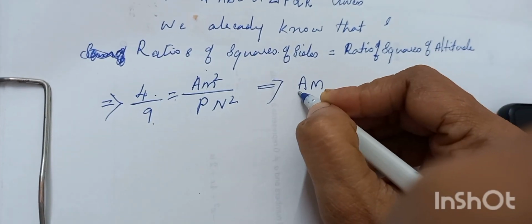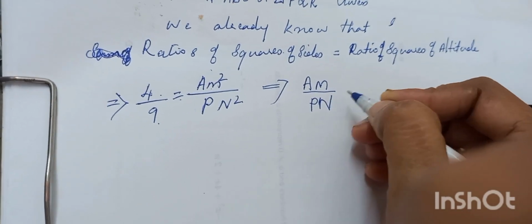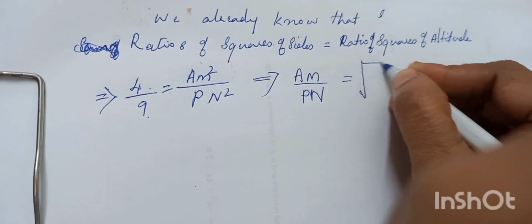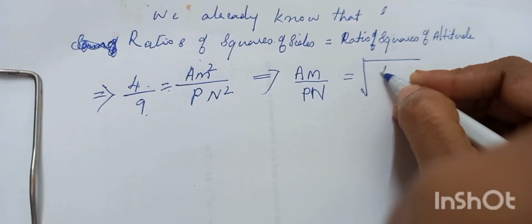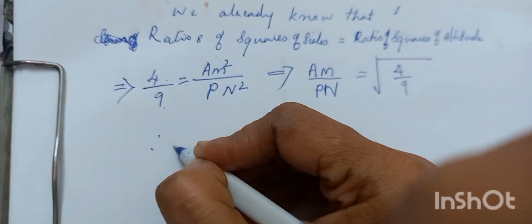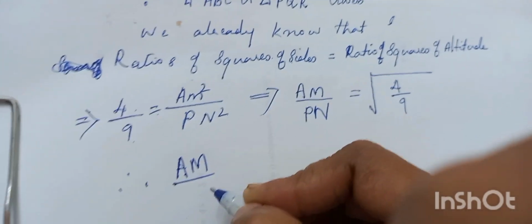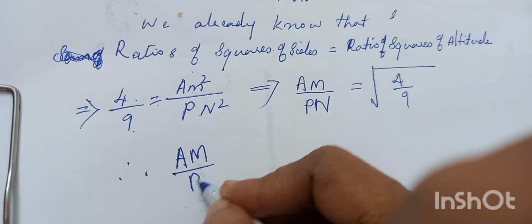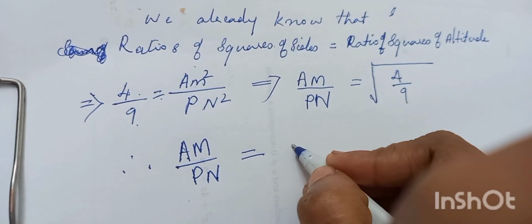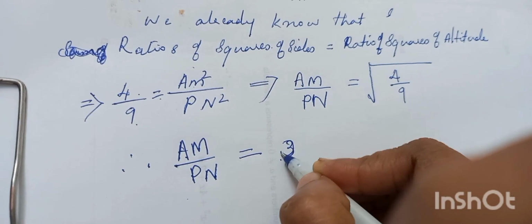So from this we have to find what is AM by PN. AM by PN is equal to square root of 4 by 9. Therefore AM by PN is equal to 2 by 3.